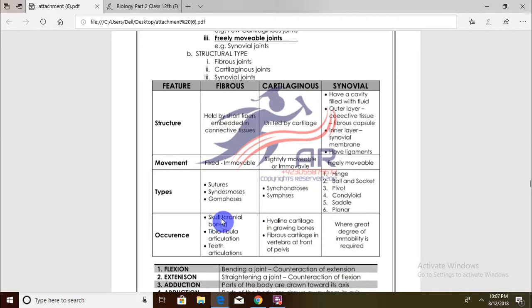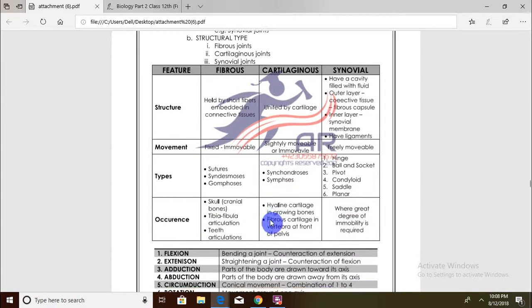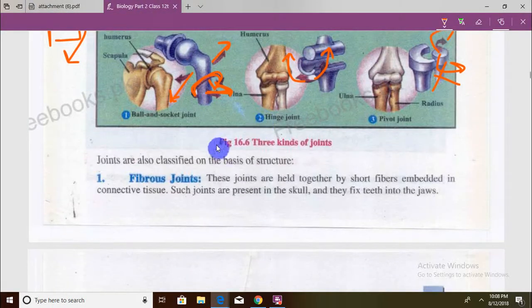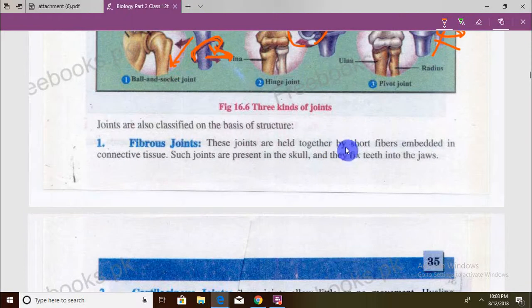They occur in the skull, in between the cranial bones, and they attach the teeth to the jaws. These are held together by short fibers embedded in connective tissue, are present in the skull, and they fix the teeth into the jaws.